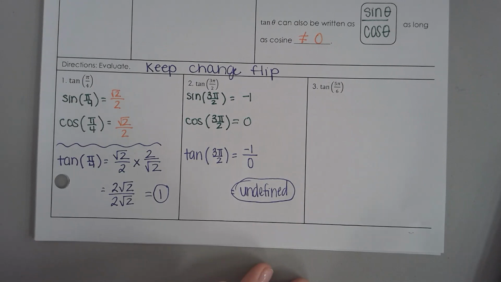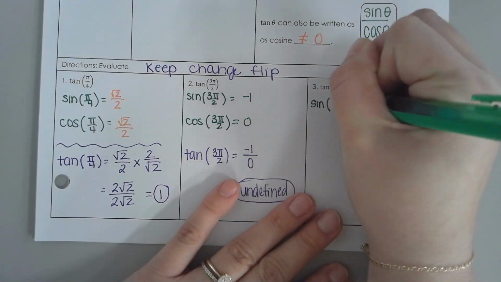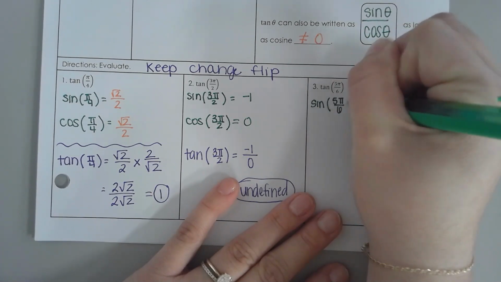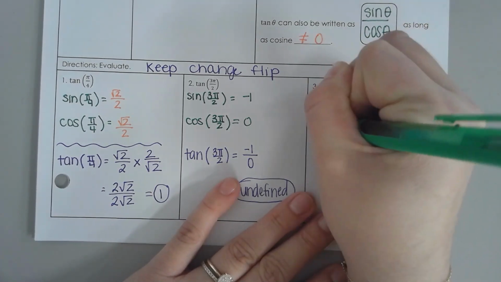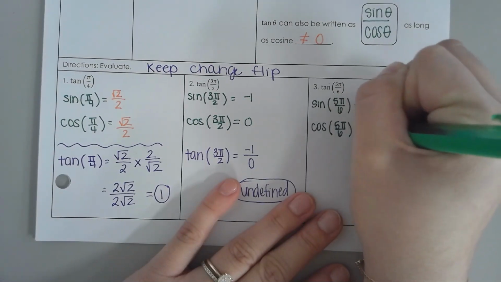Number 3, we're going to start with sine of 5 pi over 6, and then cosine of 5 pi over 6.